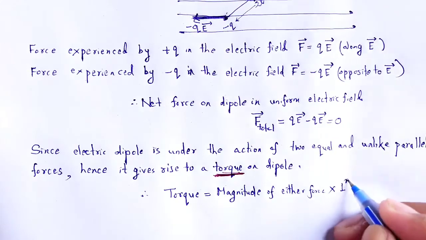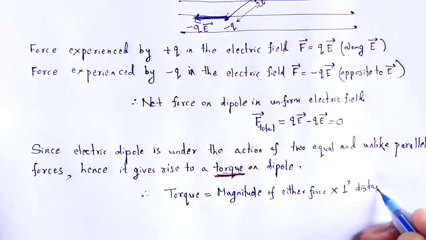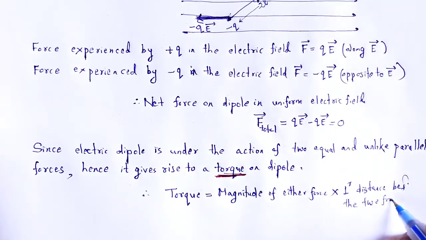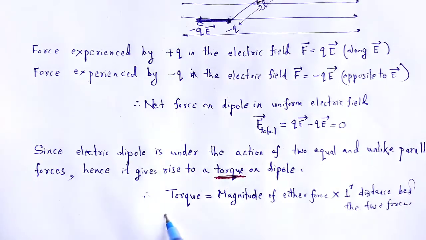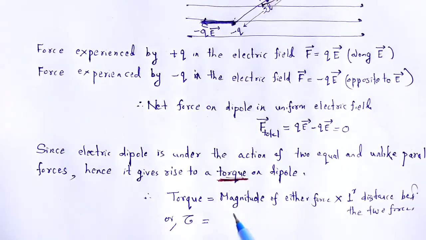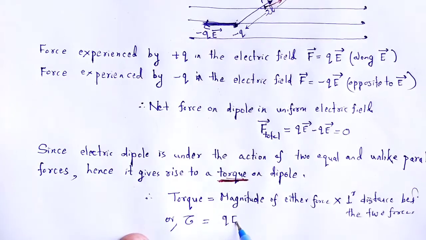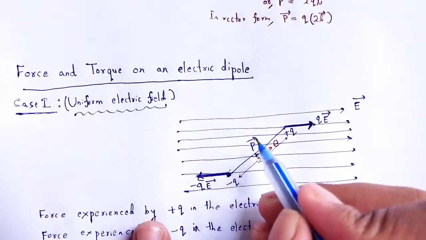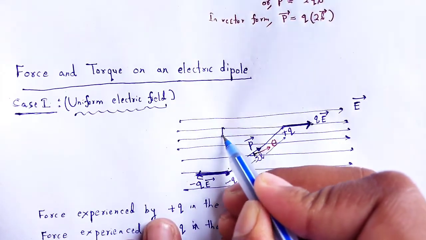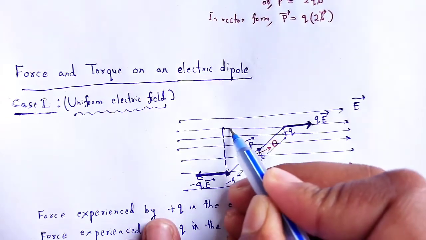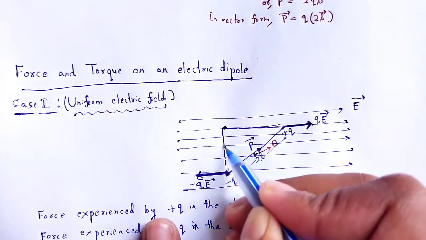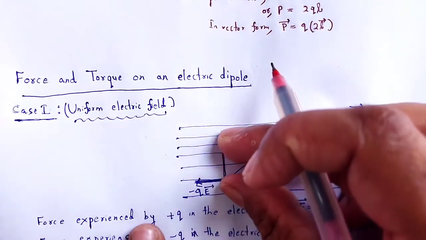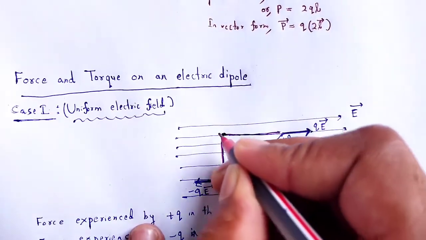So tau equals the magnitude of either force, that is qE, into the perpendicular distance between the two forces. Let this perpendicular distance be AM.